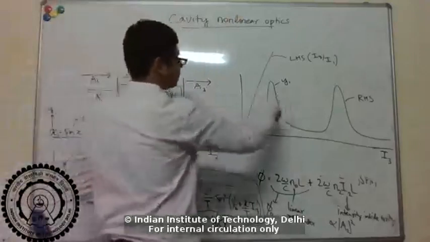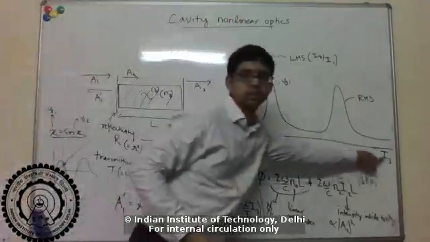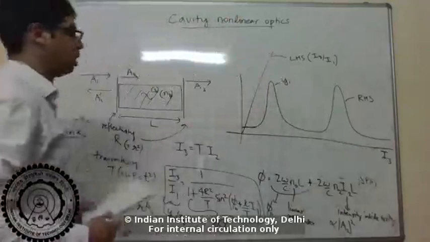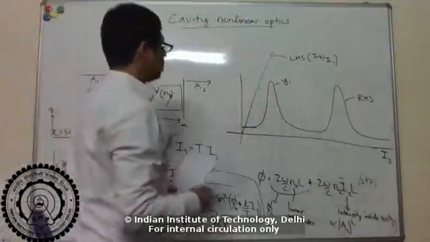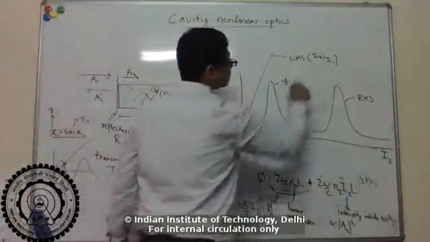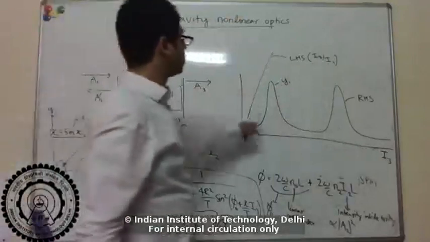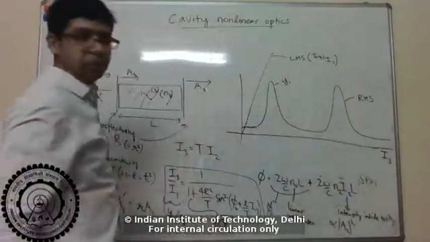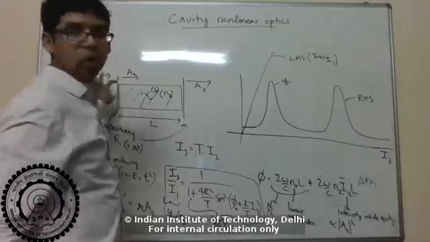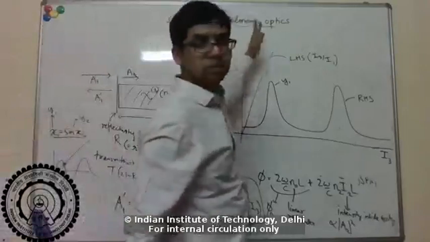So basically, wherever these two curves intersect, that will give me a solution for I3. That will satisfy this equation. So for this straight line, the slope is 1 over I1, and I1 is my input intensity. So when the intensity is low, this slope is large, so it's very steep.